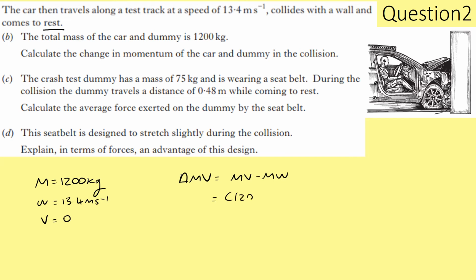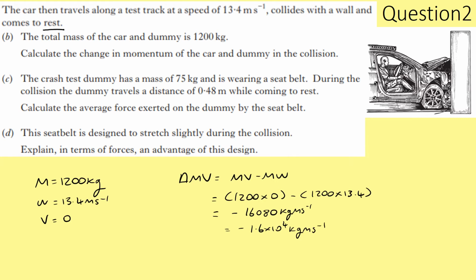So 1200 multiplied by 0 minus 1200 multiplied by 13.4 gives us a value of negative 16080 kilograms m s^-1, or we could say negative 1.6 times 10 to the 4 kilograms m s^-1.